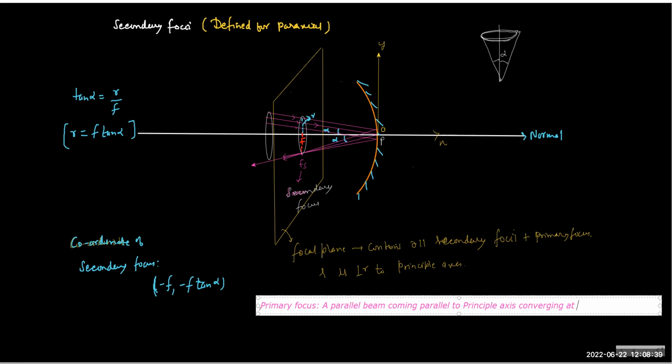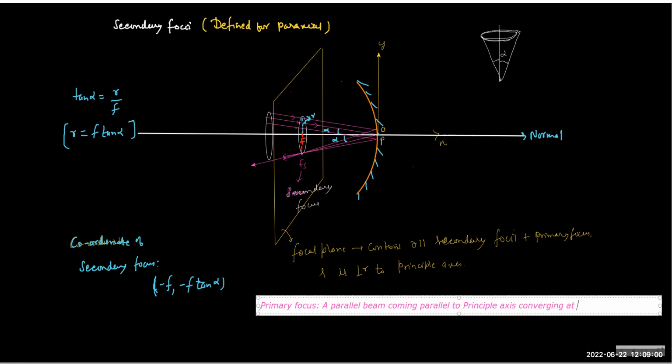See, it's not only about converging. It appears to be converging, but it may also be diverging from that point in the case of a convex mirror. So I am taking the definition for both scenarios, concave mirror and convex mirror.